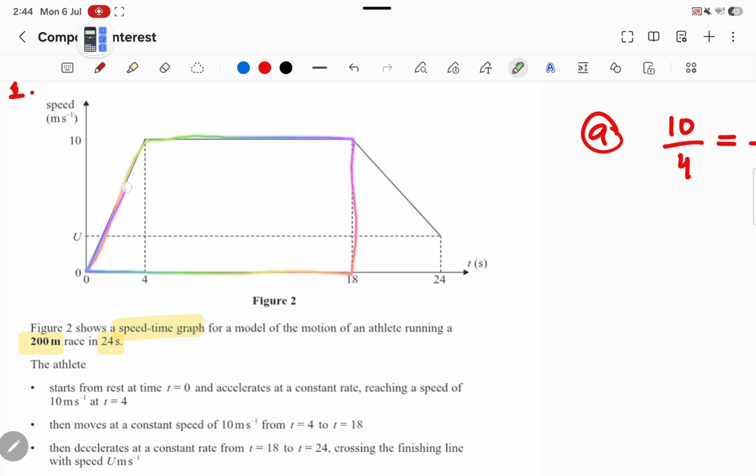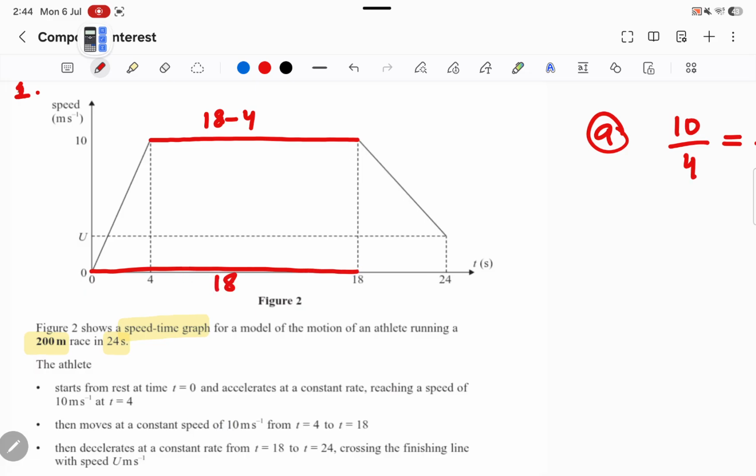You can see this is a trapezium, right? And in this trapezium we need this parallel side length, which is 18 take away 4, and this length is 18.